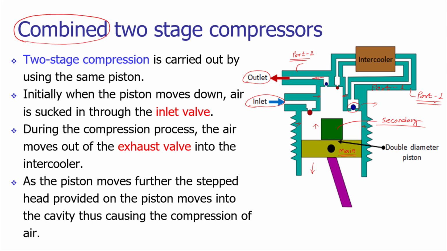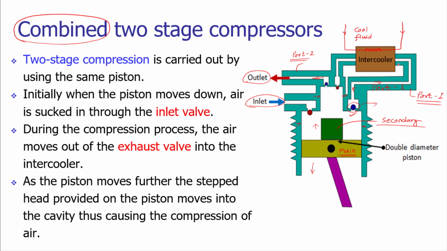However, port 1 is connected to the outlet through the intercooler. As I mentioned in my previous slide, the intercooler is nothing but the heat exchanger. Now during the process of compression, outlet valve 1 will open and the high temperature compressed air will pass through this passage and through the intercooler.